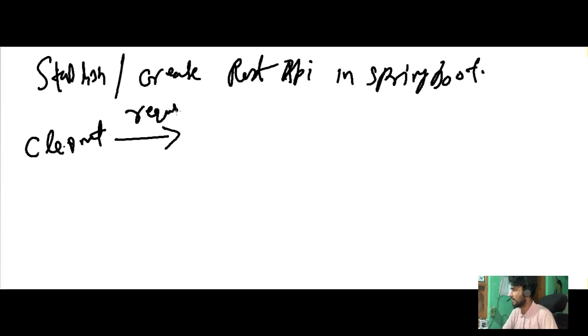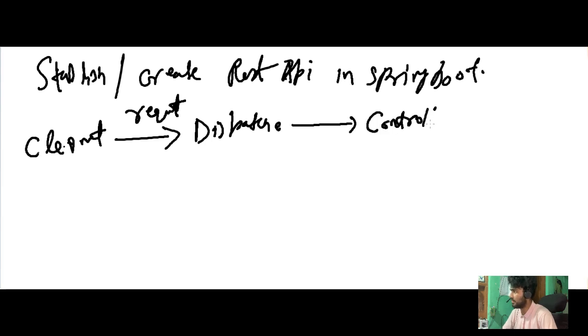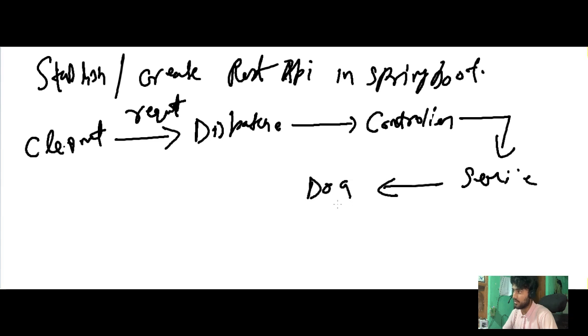Then the dispatcher servlet receives it, and the dispatcher servlet sends that request to the particular controller. That controller connects with the service, and that service connects with the DAO, data access object, where we are using Hibernate, Data JPA. And that is connected with the database.